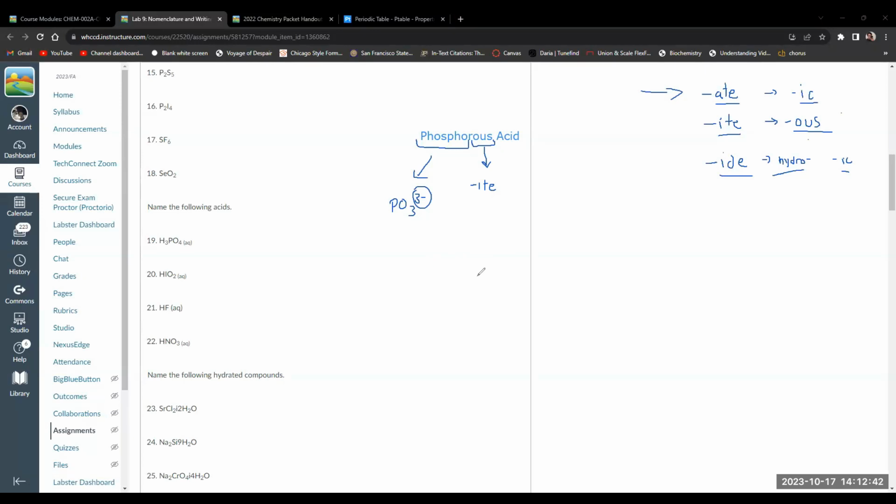So because we're working with an acid, we're going to have hydrogens attached to this. And we know one hydrogen is equal to just a single plus charge. So as a whole, with all the information we have, we know that this is the final answer.